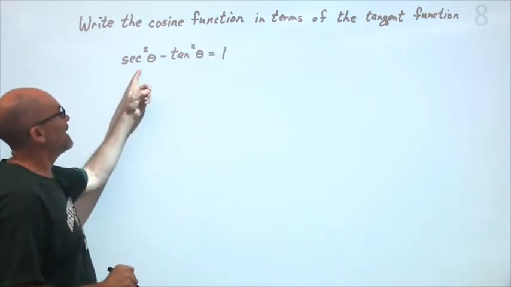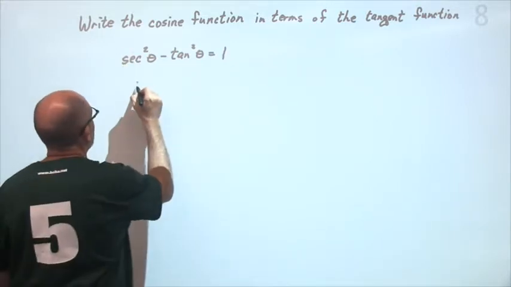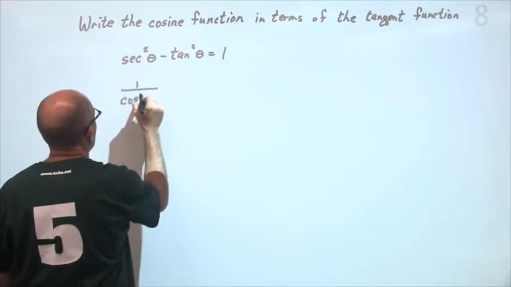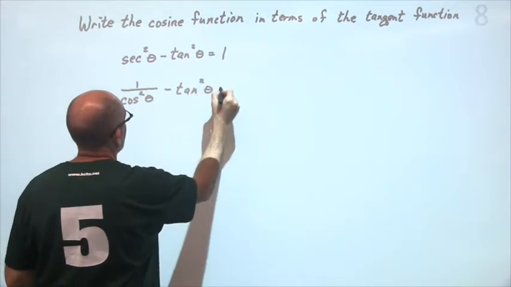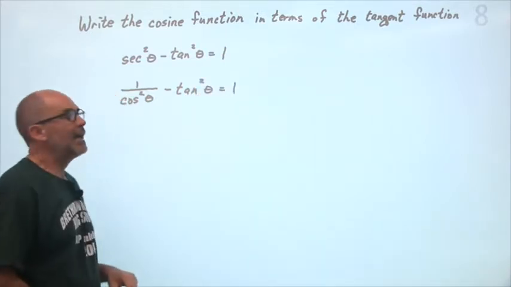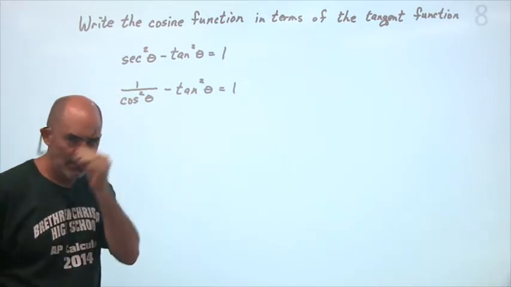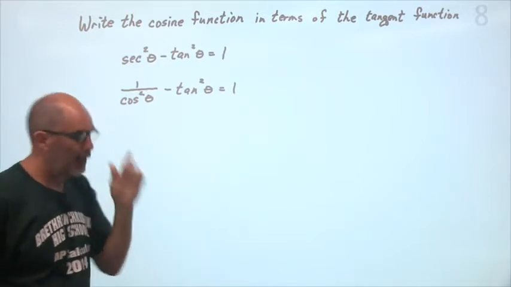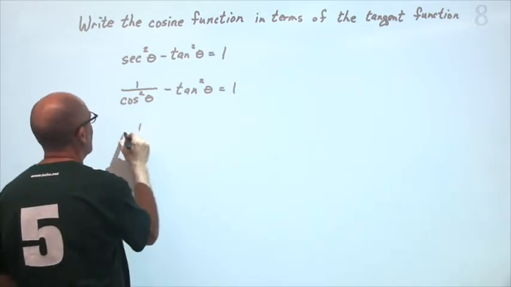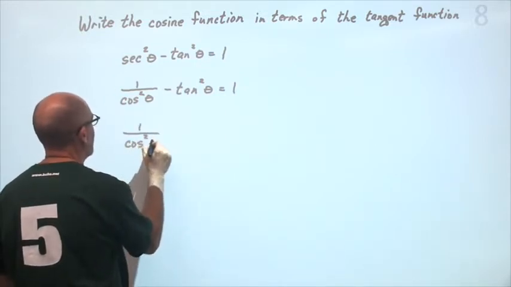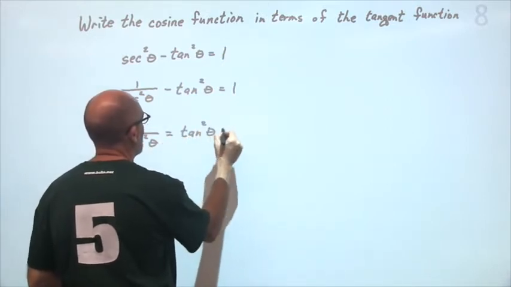Now, the secant is the reciprocal of the cosine. So in other words, I could write this 1 over cosine squared theta minus tangent squared theta equals 1. Now all we have to do is take this and get cosine alone. All right, so how do we do that? Well, we'll add the tangent squared to both sides. So 1 over cosine squared theta equals tangent squared theta plus 1.